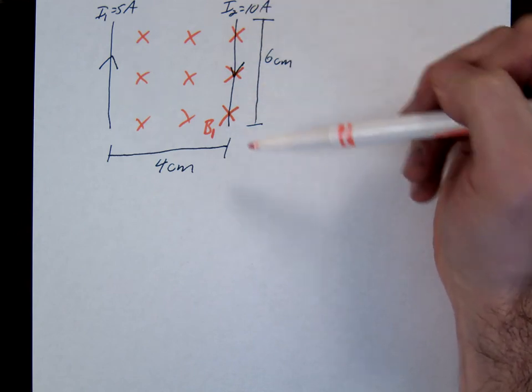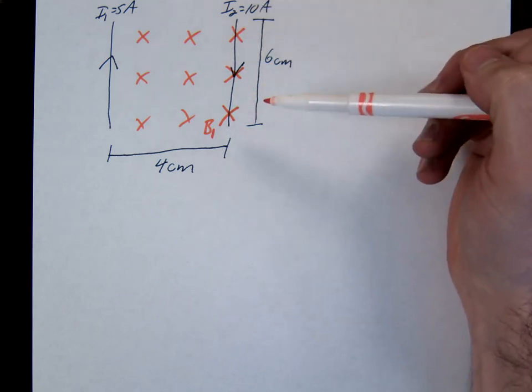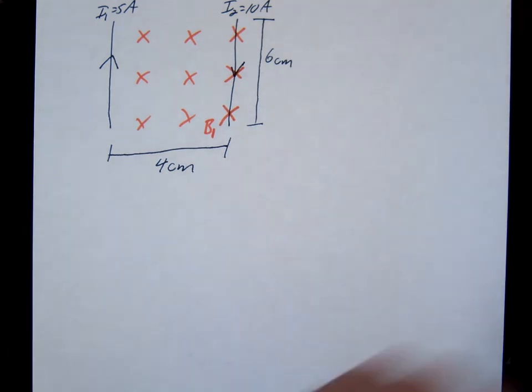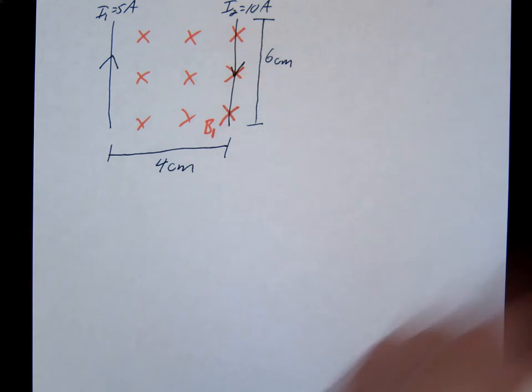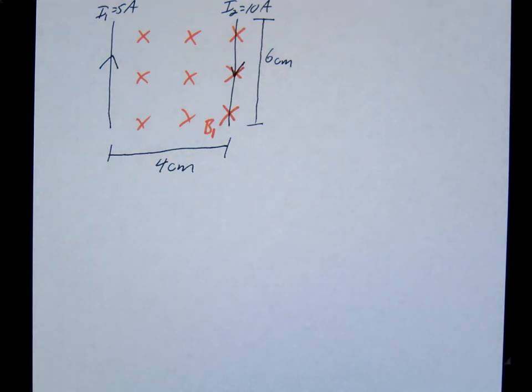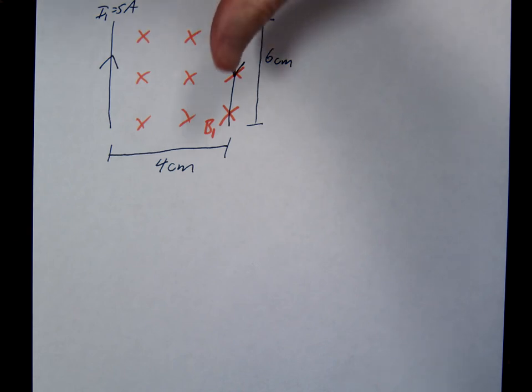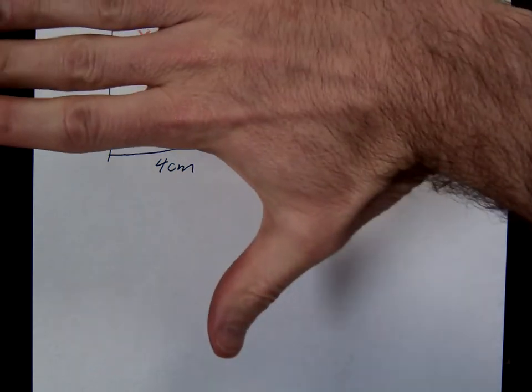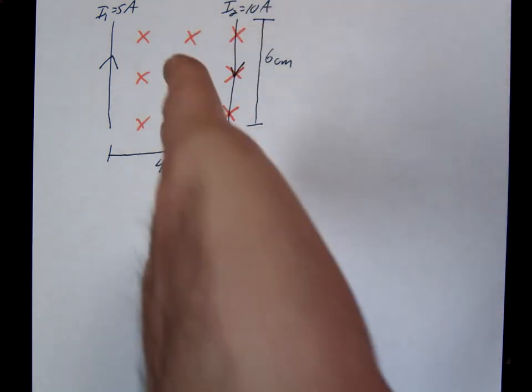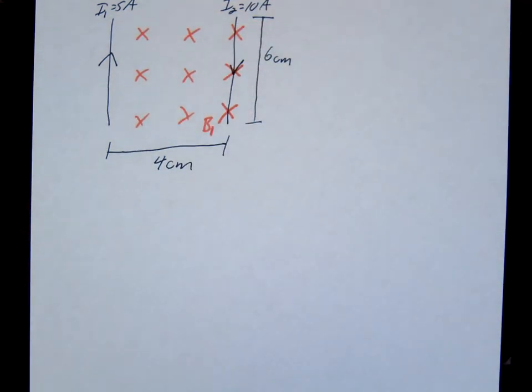Can you do your right-hand rule and figure out the direction of the force? So use the right-hand rule from Friday. Figure out the direction of the force on wire number 2. So thumb follows the current, and we're gonna move our B field into, what direction is my palm? To the right.